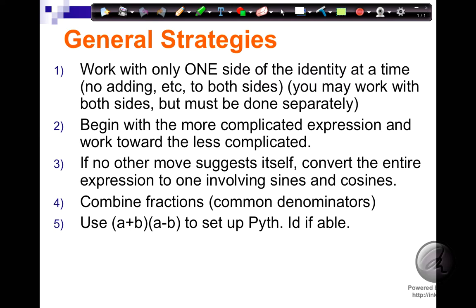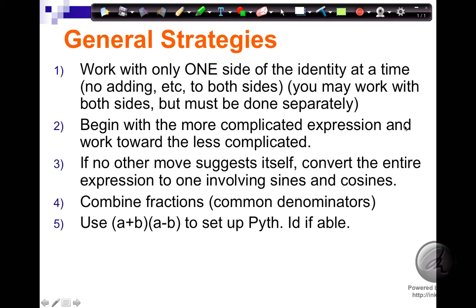If you have an a plus b, sometimes you might want to multiply by an a minus b, but you have to be careful using that correctly. You can't just multiply by something because you can't multiply to the other side. But usually where this is handy is maybe in a fraction form where you multiply by top and bottom. And again, you'll see what that means as you get into the problems.